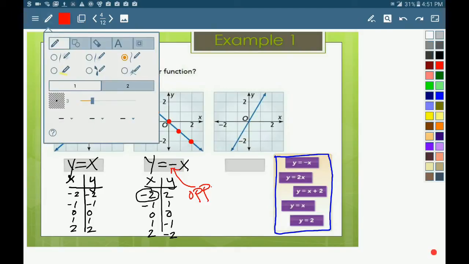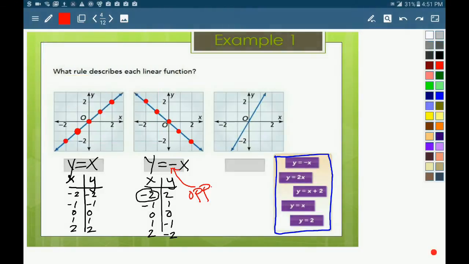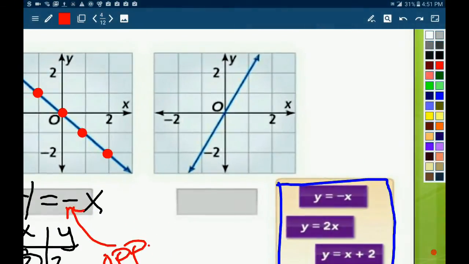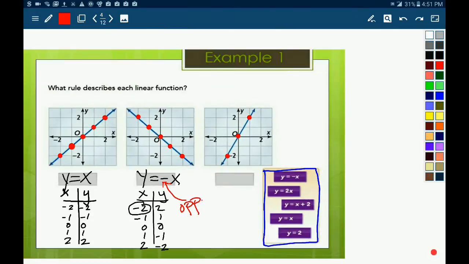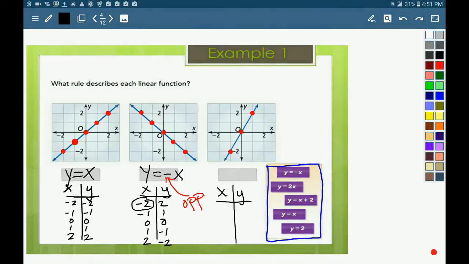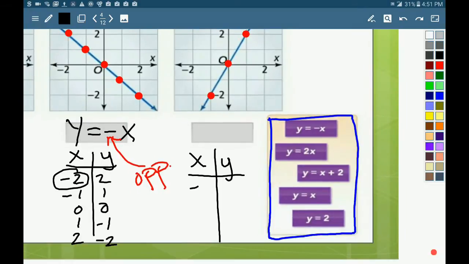Again, I'm going to read some integer value points off of this. Here I can only really see 3 integer value points. And I'm reading them to be -1, -2, 0, 0, and 1, 2.